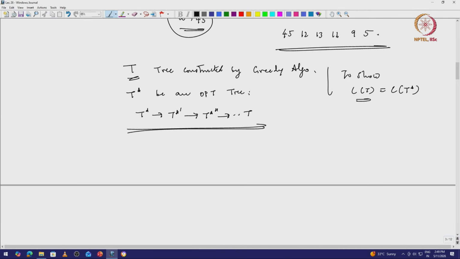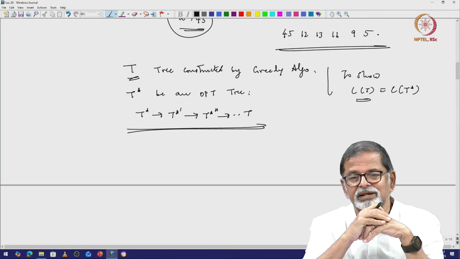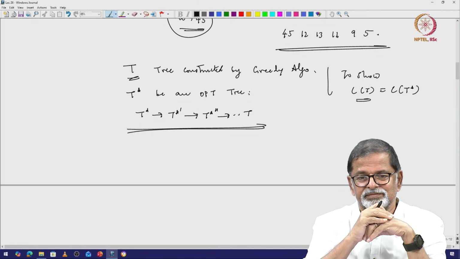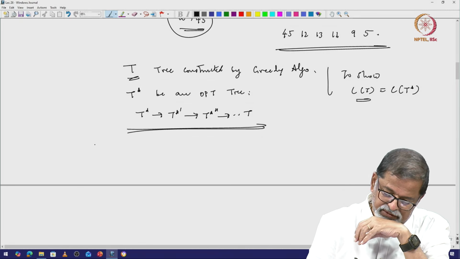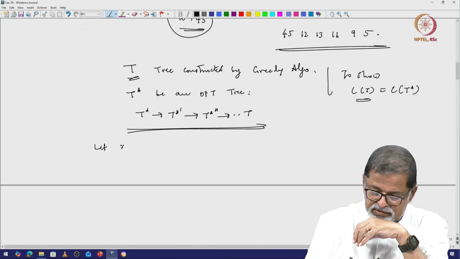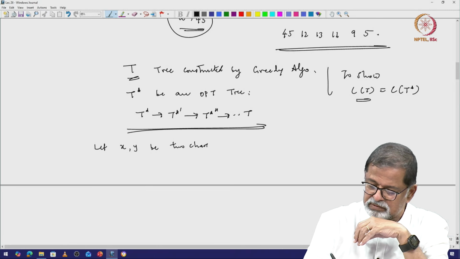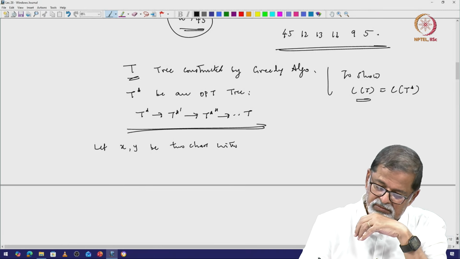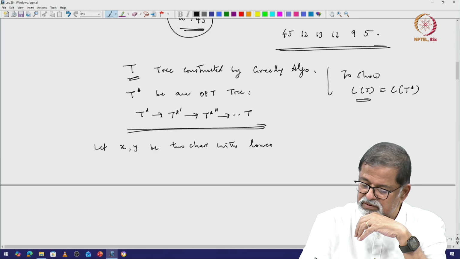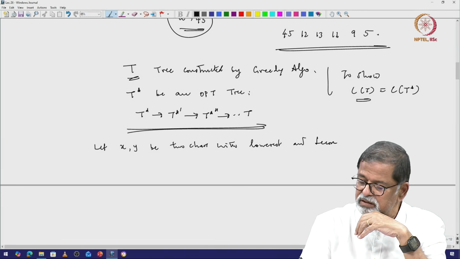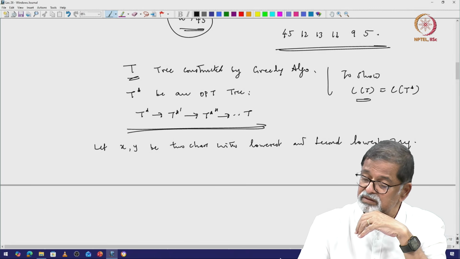What we will do is bring the two low frequency characters. Let X and Y be two characters with the lowest and second lowest frequency.